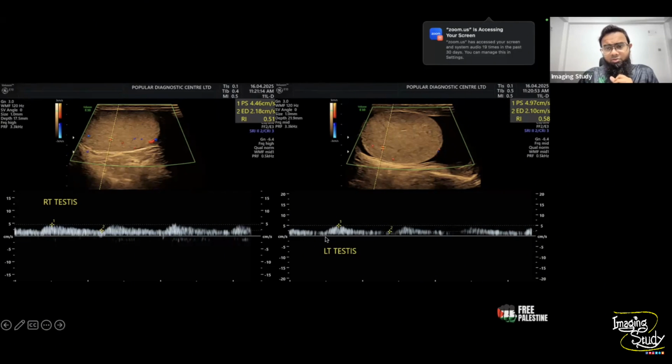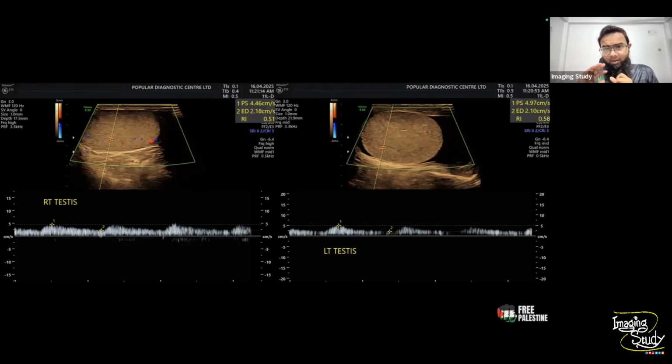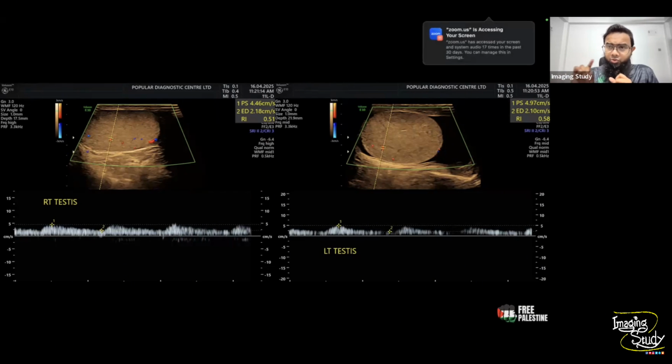Whenever you see testicular flow having a good diastolic component, it's usually a branch from the testicular artery itself. So this testis is having supply within the parenchyma through the testicular artery or its branches.